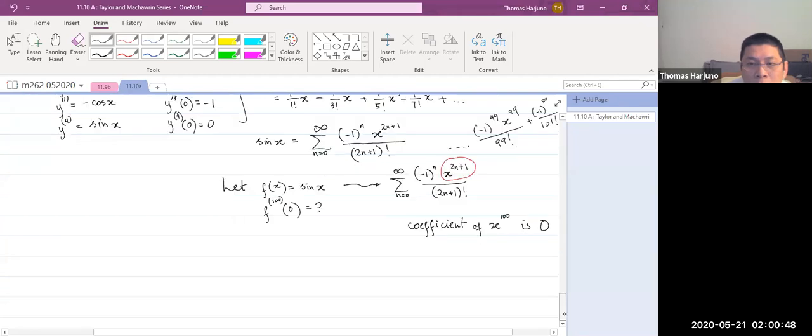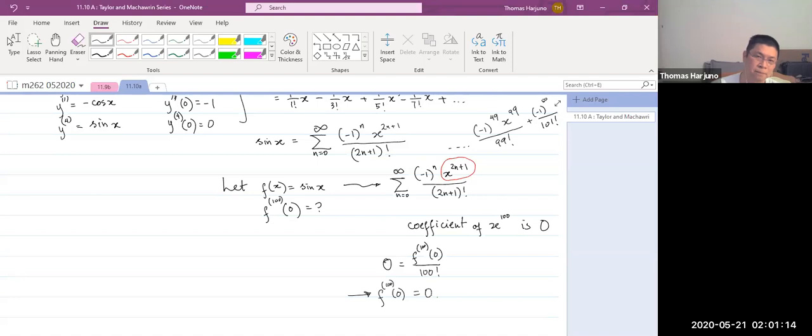Okay, so 0 equals f 100th derivative at 0 over 100 factorial. So the 100th derivative at 0 is 0. Okay, I will stop here.